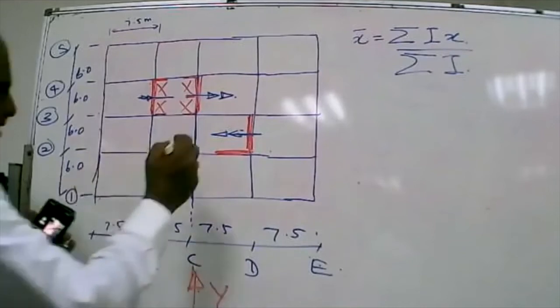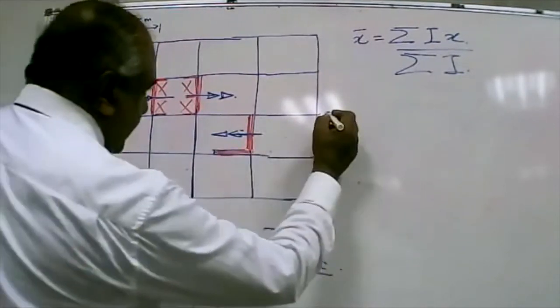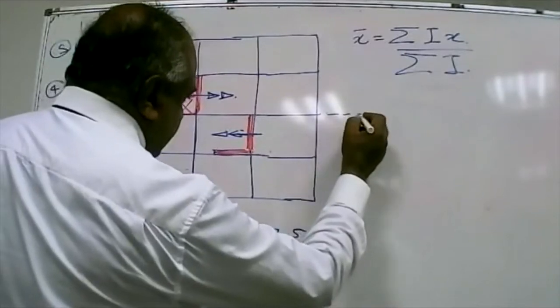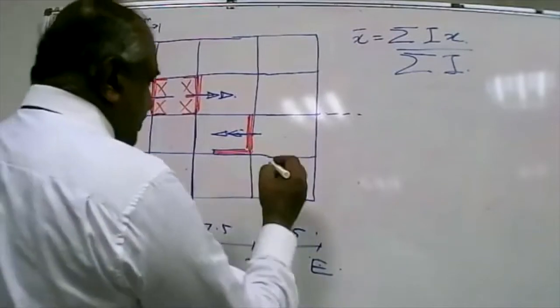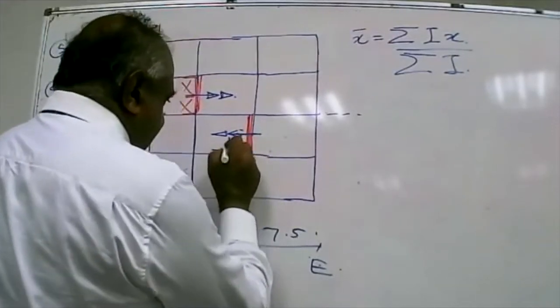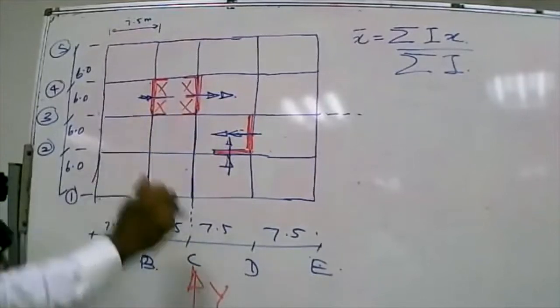Similarly, when you take these walls, we like the centroid to lie somewhere here. So for these walls, the axis of bending will be like this.